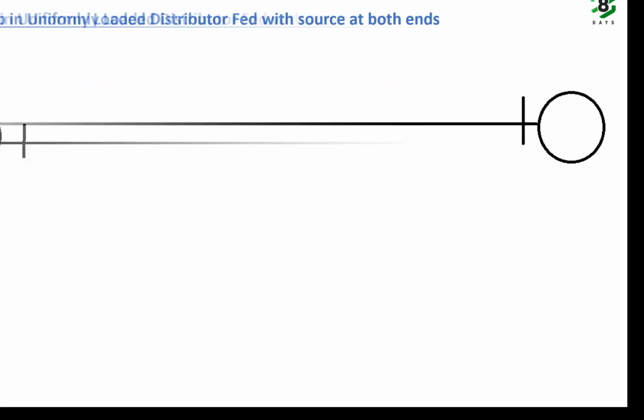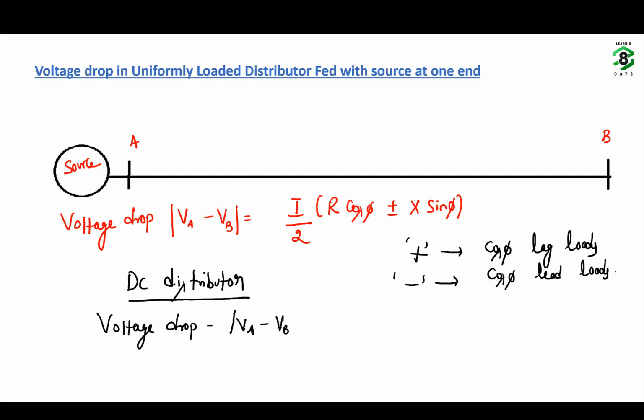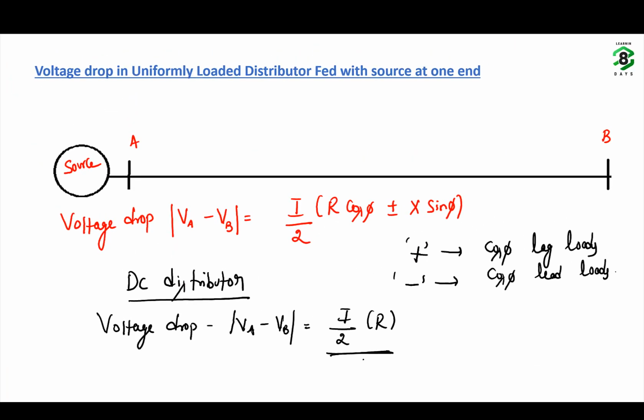Similarly, had it been a DC distributor fed from a source at one end, the voltage drop VA minus VB would have become I by 2 into R, because cos phi is unity and reactance in DC circuits is 0.